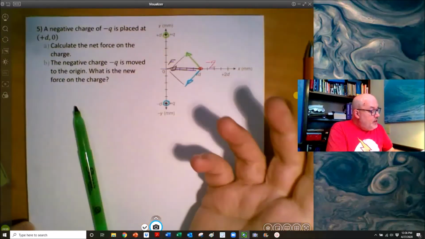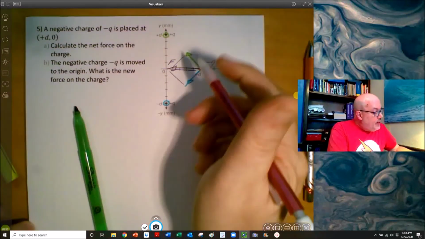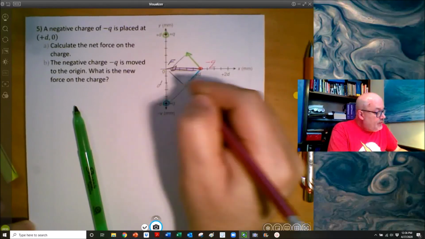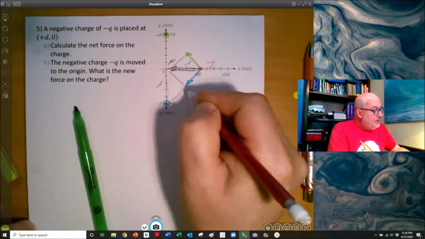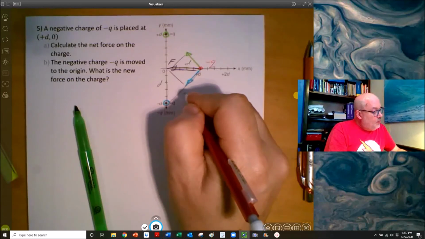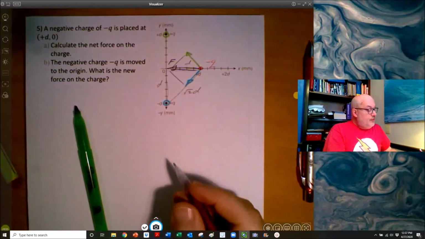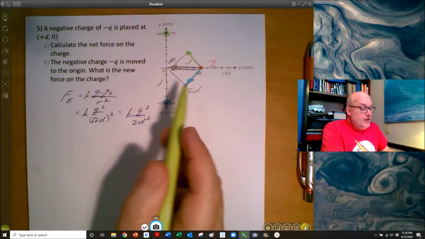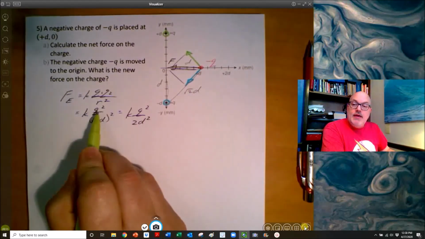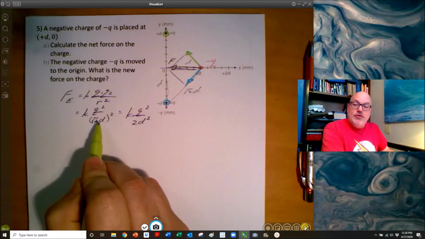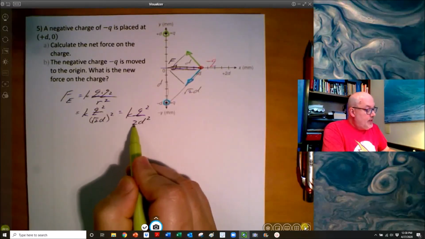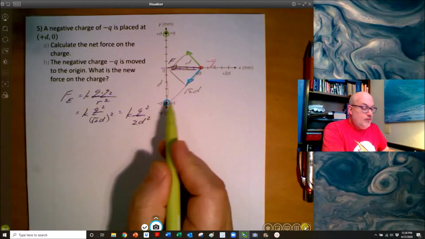All right, so you guys remember this little triangle. If this side is d and this side is d, this side over here is d times the square root of 2. So that's going to be our radius. So when we solve this for the blue one, we end up with kq squared over the square root of 2d, all that squared. So when we square the denominator, we get 2d squared. So this is the force for the blue one.